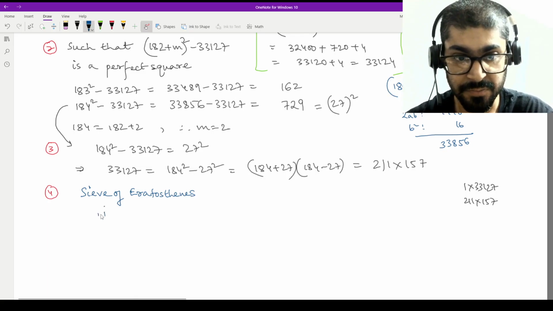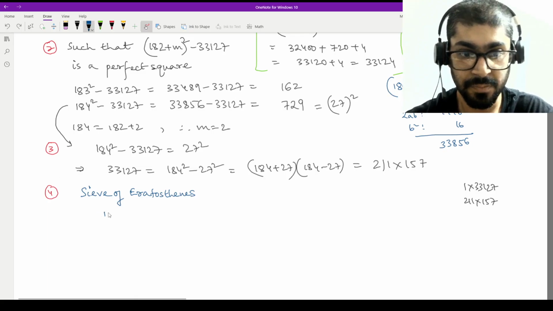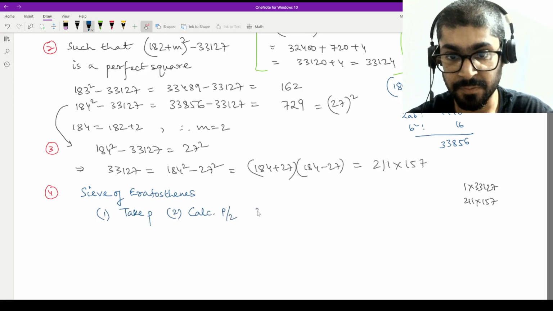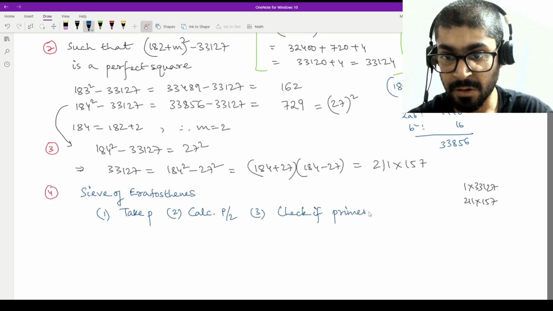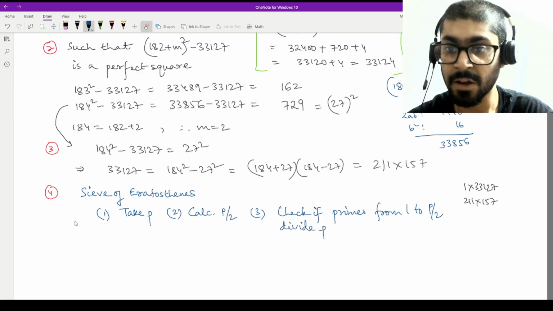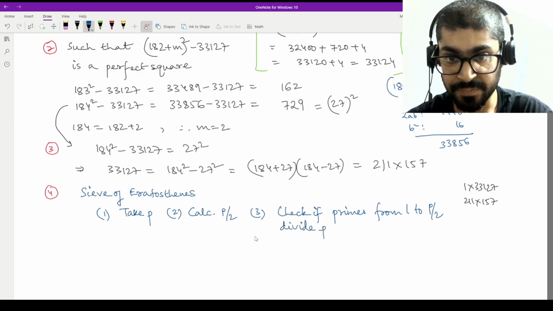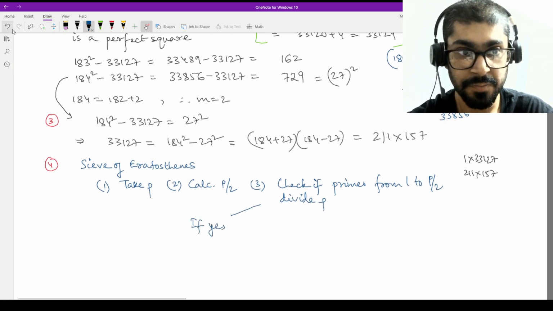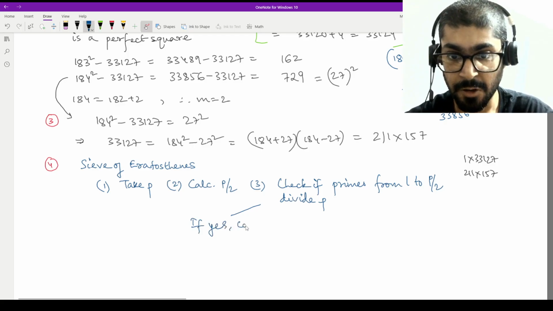So this says, I'll write it down. Take P, calculate P by 2, check if primes from 1 to P by 2 divide P. Now if any one of them does, if yes, composite, then it becomes composite.